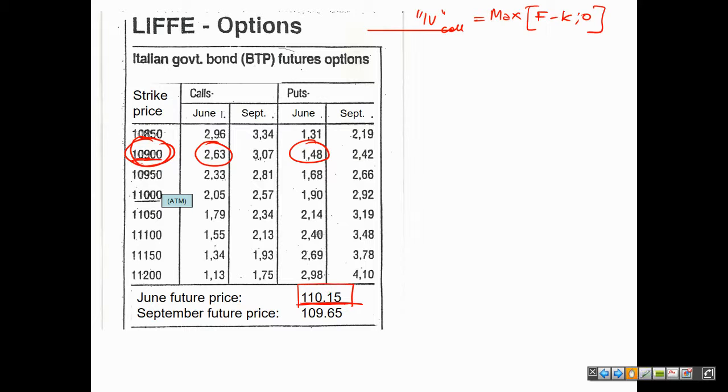Now, which is the difference between the two premia? It's exactly, if you look at it, it's exactly 1.15. Okay? Look at second case, which is easier. If you consider the 110 contract, which is formally the at the money because it's one which is closer, still with the future trading 110.15, one between the call and the put has a small amount of intrinsic value.